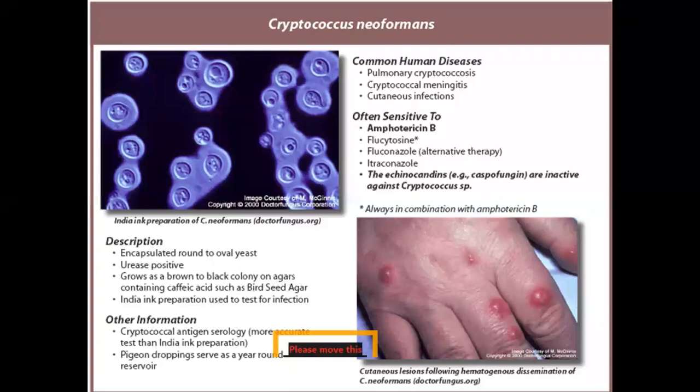Another fungus, a budding fungus, is Cryptococcus neoformans. Cryptococcus neoformans is a budding fungus. It is not a dimorphic fungus. It is not seen in a hyphal form. Two budding fungus are Candida and Cryptococcus.